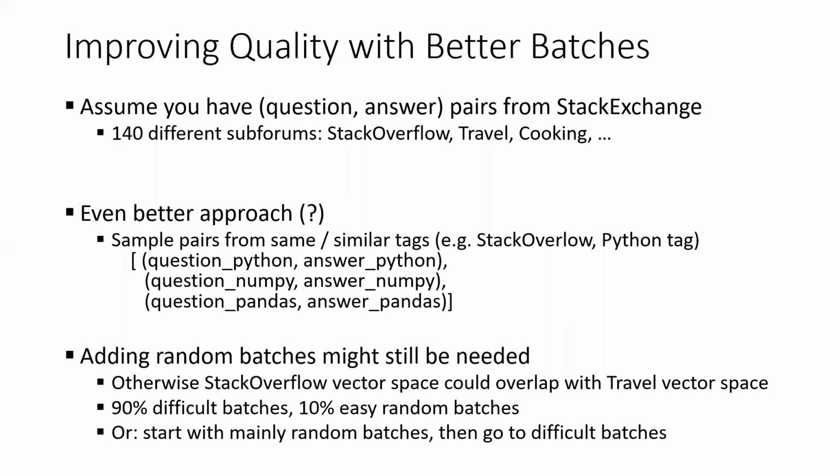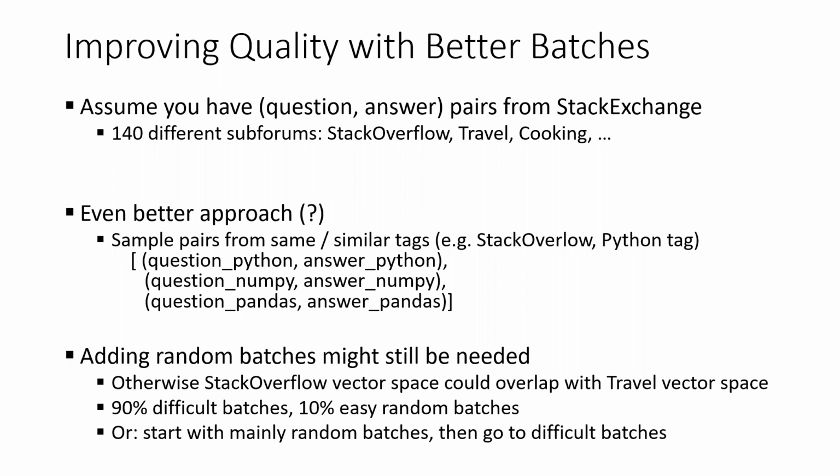So in 90% of the cases, you take one of these difficult batches, and for 10% of the cases, you take one of the easy batches where you take questions and answers from all Stack Exchanges. Or you could also start with mainly random batches, and then when the training progresses, you train with more and more difficult batches.